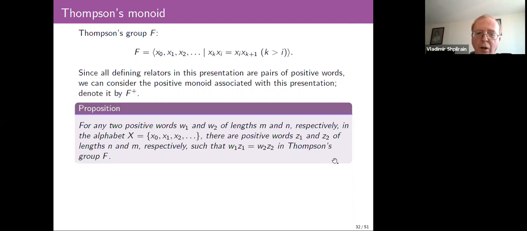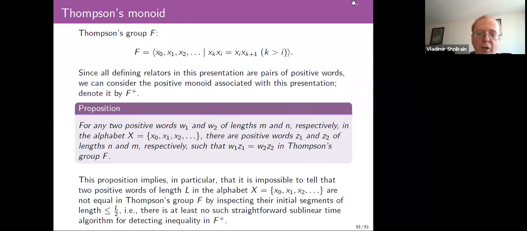Not only does it tell you that these words Z1 and Z2 exist, it gives you precise lengths of these words. What this proposition implies is that it is impossible to tell whether two positive words, say of the same length L, but the same holds if they don't have the same length, are equal in Thompson's positive monoid F plus by inspecting their initial segments of length less than L or so.